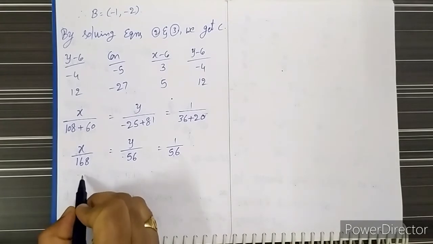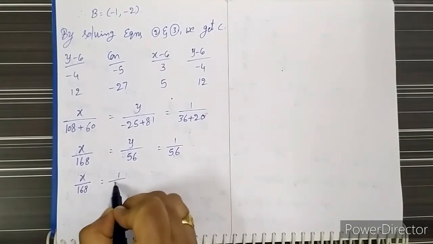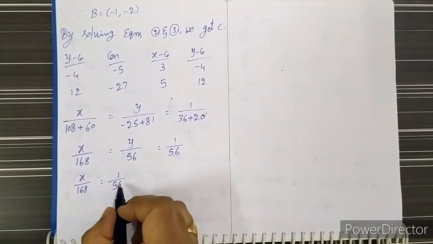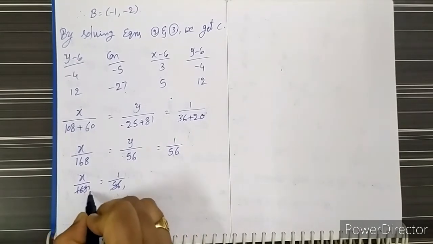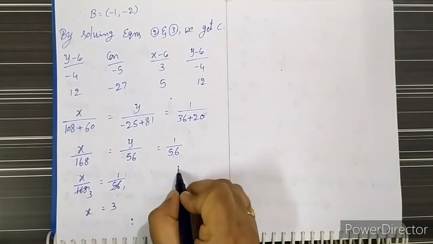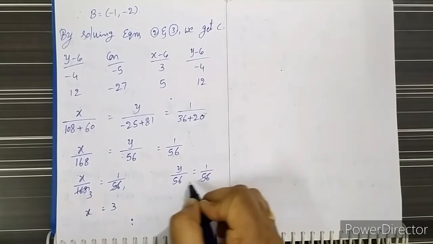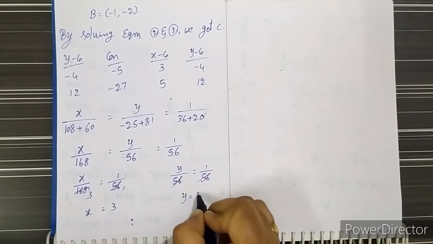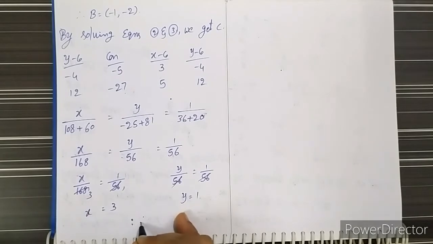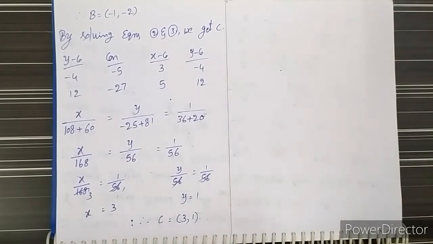From this, x by 168 equal to 1 by 56, 56 threes are 168, then x equal to 3. Similarly, y by 56 equal to 1 by 56, 56 cancels, then y equal to 1. Therefore, the vertex C equal to 3, 1.